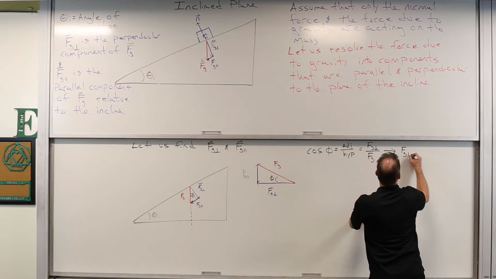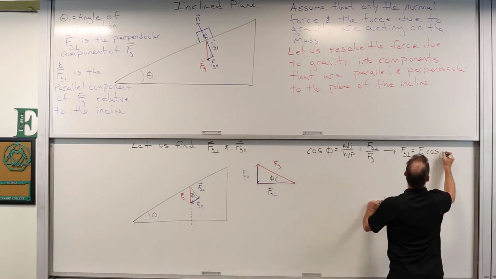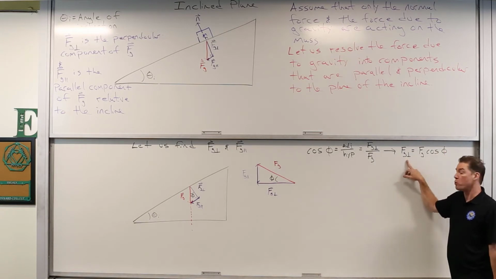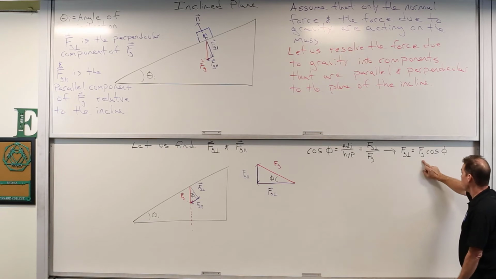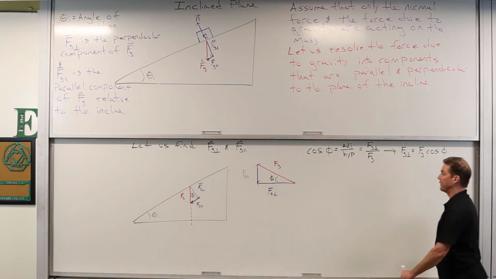That F sub G perpendicular is F sub G times the cosine of phi. The perpendicular component of the gravitational force relative to the incline is the magnitude of the gravitational force multiplied by the cosine of that angle phi right there.